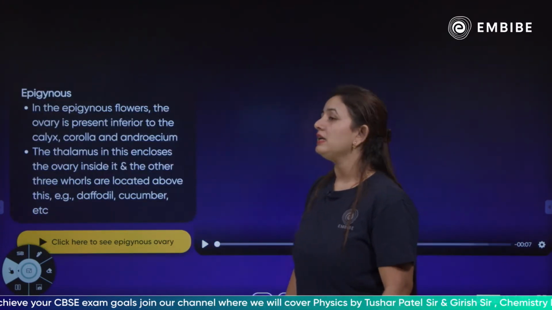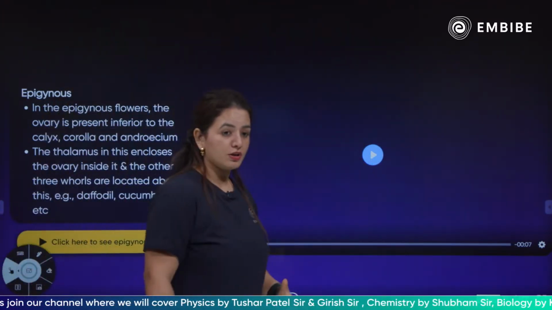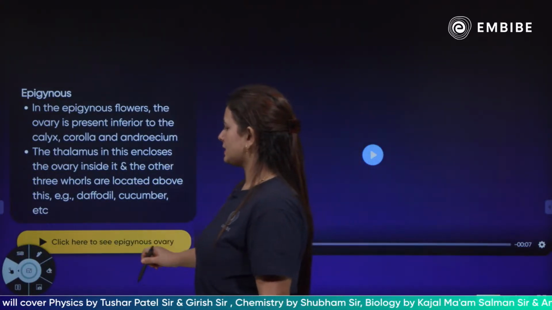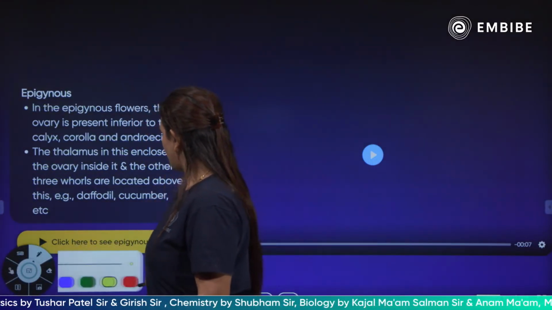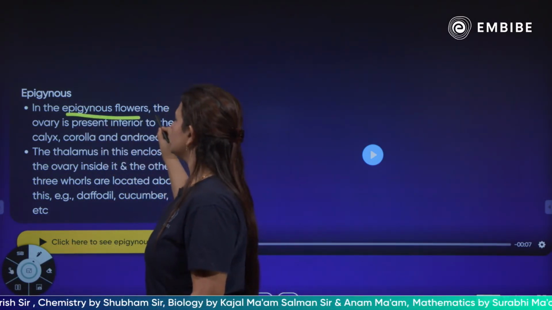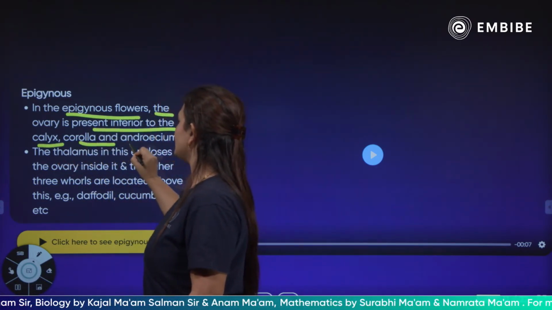Talking about the last flower description on the basis of the ovary, we have the epigynous flowers. What is epigynous? Children, you have understood it from the name. In epigynous flowers, the ovary is present inferior to the calyx, corolla and androecium.